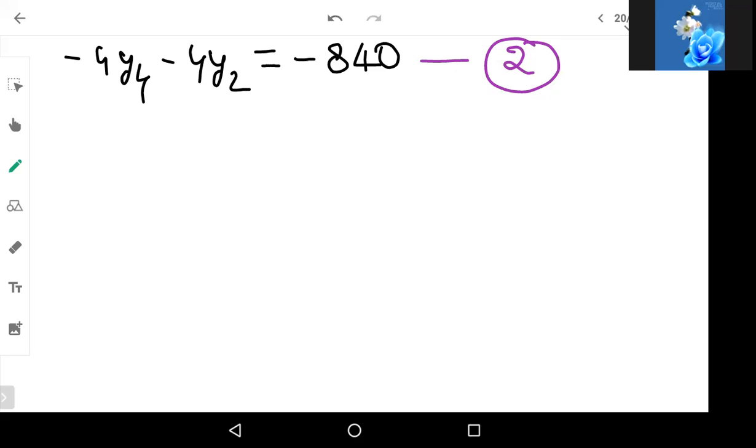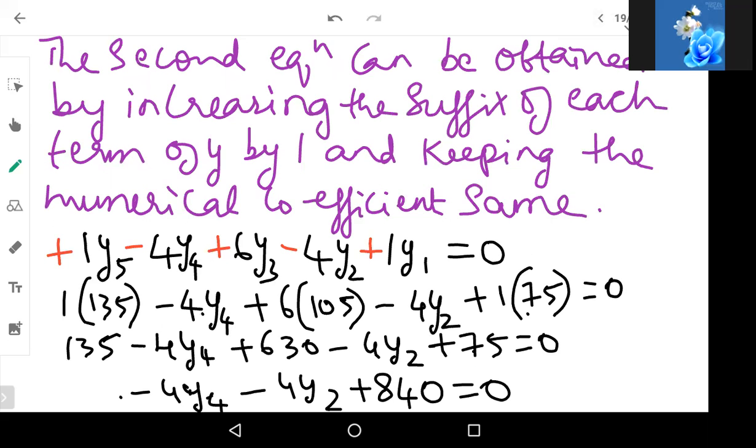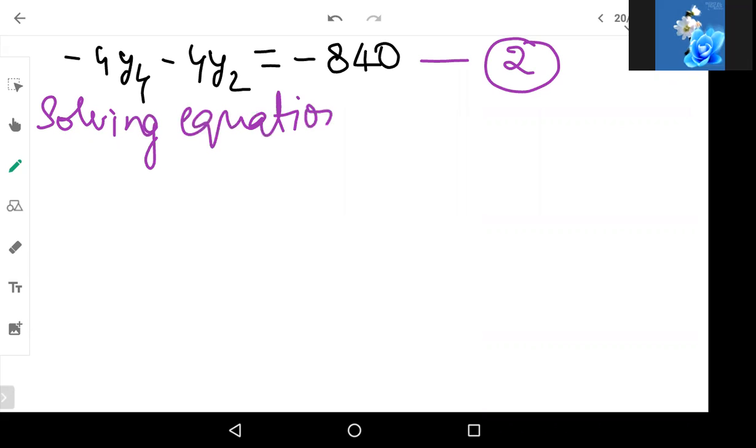So this is how you form equation number 1 and equation number 2. Now since we have equations 1 and 2, we can solve them simultaneously and find the answer for y2 as well as y4. Okay, now let us solve the equations simultaneously.